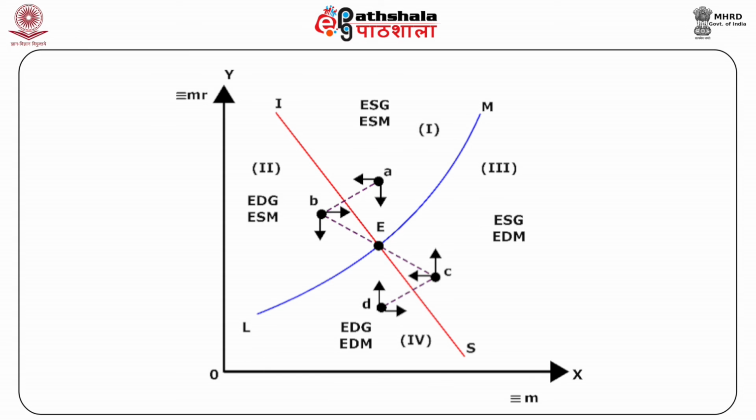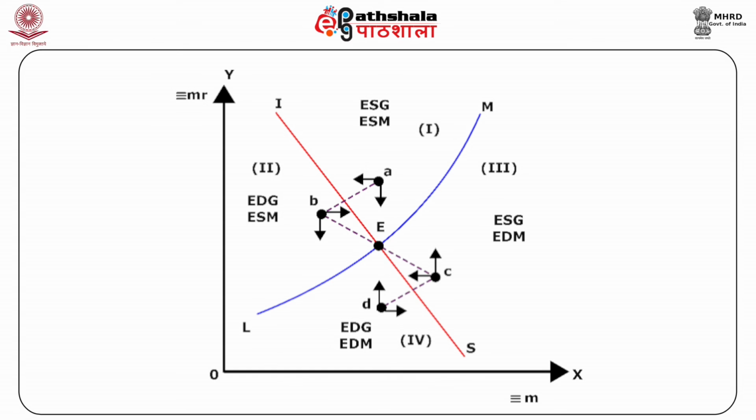If we consider the money market, then the arrows would be going downwards or upwards, because the point of disequilibrium would either be above the LM function or it would be below the LM function.